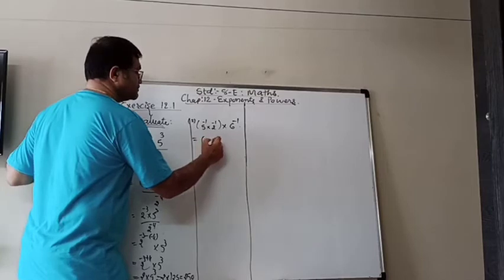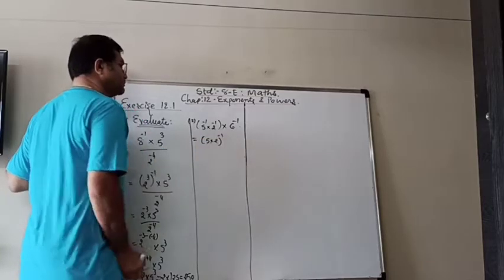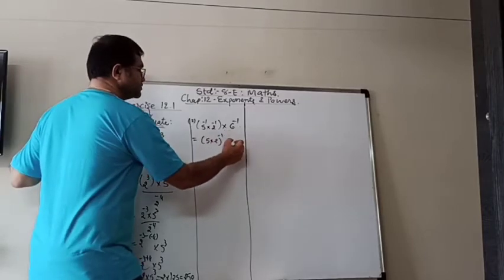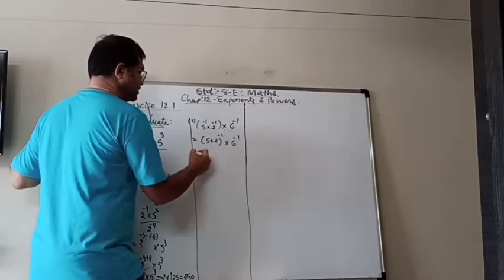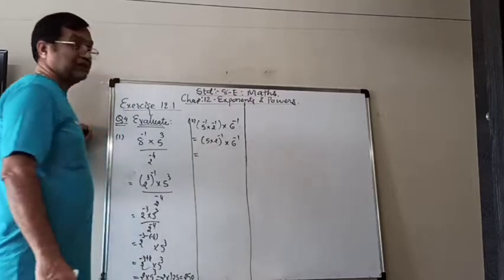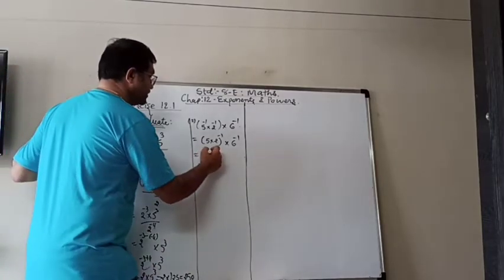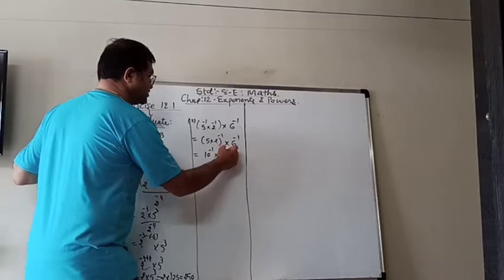So we can apply the rule that 5 into 2 raised to minus 1 into 6 raised to minus 1. What is 5 2s? 5 2s are 10. So 10 raised to minus 1 into 6 raised to minus 1.